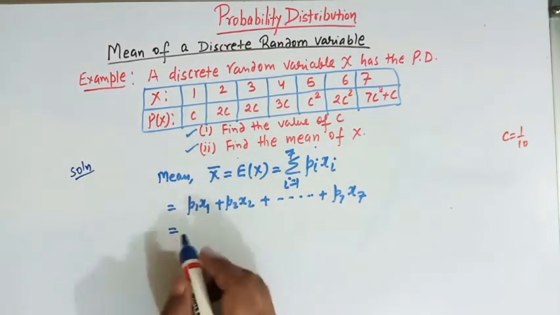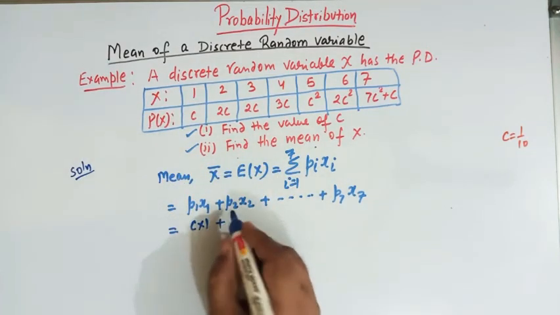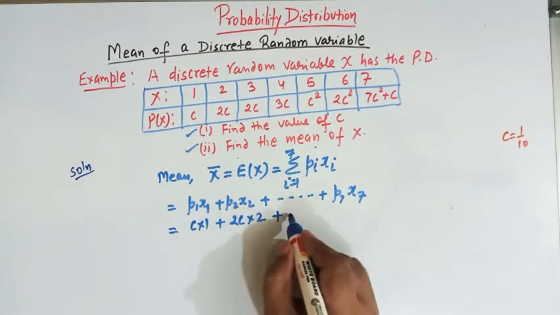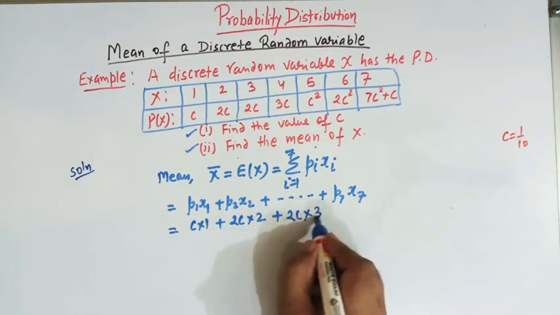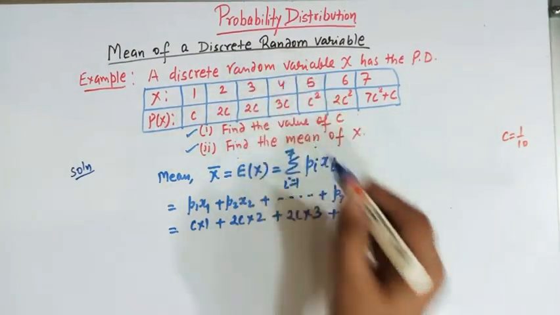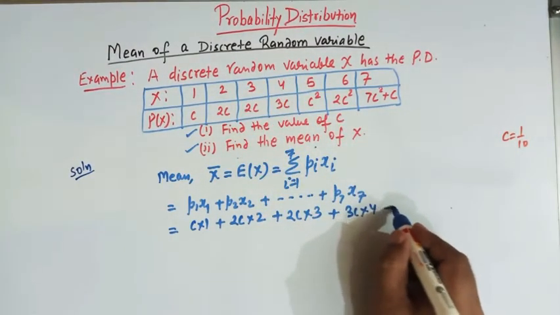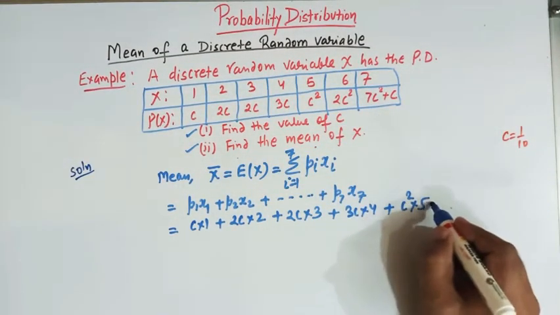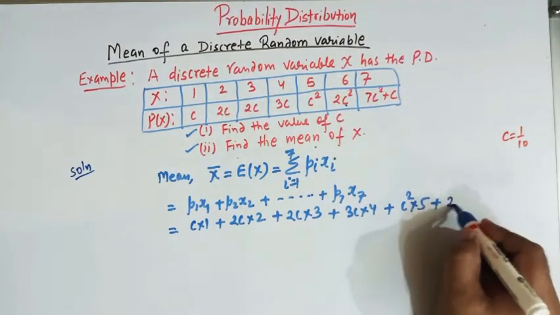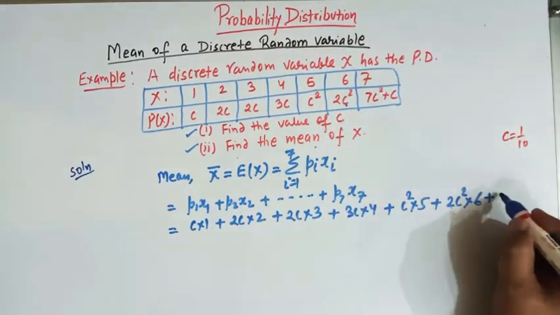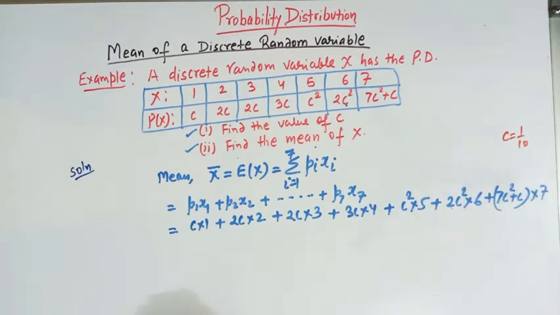So p1x1 means c times 1, then p2 is 2c times 2, then p3x3 is 2c times 3, then we have 3c multiplied by 4, then we have c square times 5, and then we have 2c square times 6, and then we have 7c square plus c times 7, right?